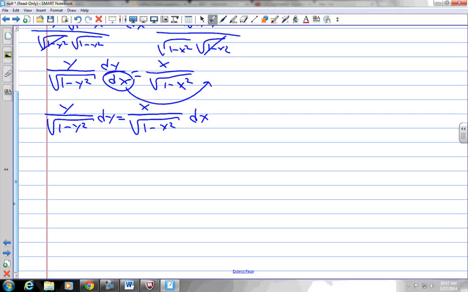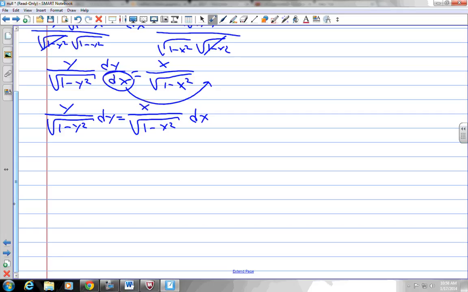Well, you have u equals 1 minus y squared, du is negative 2y. It will work. Yeah, so you'll end up with the integral of tangent. But then what happens with dy? Well, not quite.